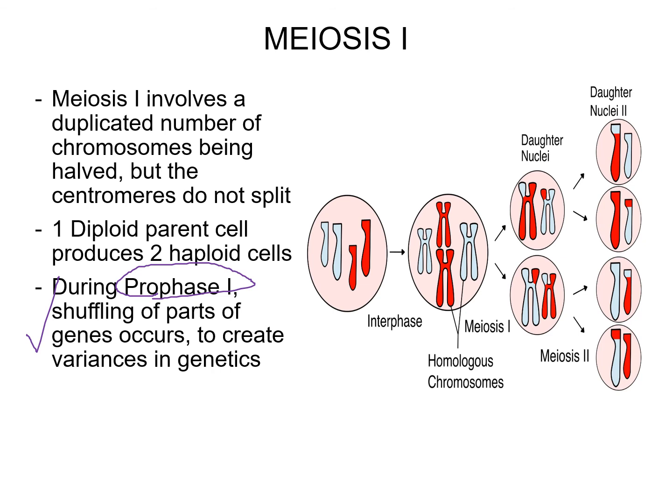We get this movement of the genetic material, and they call that crossing over. If you look at the end product, we get variability in these 4 cells. They are not going to be identical.